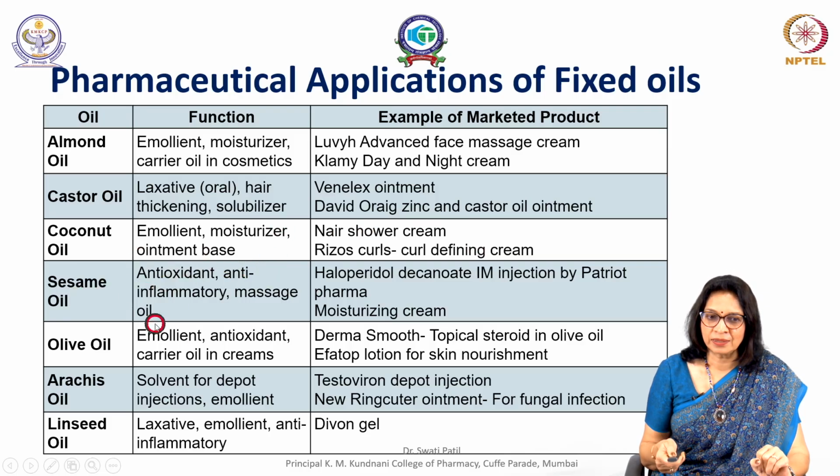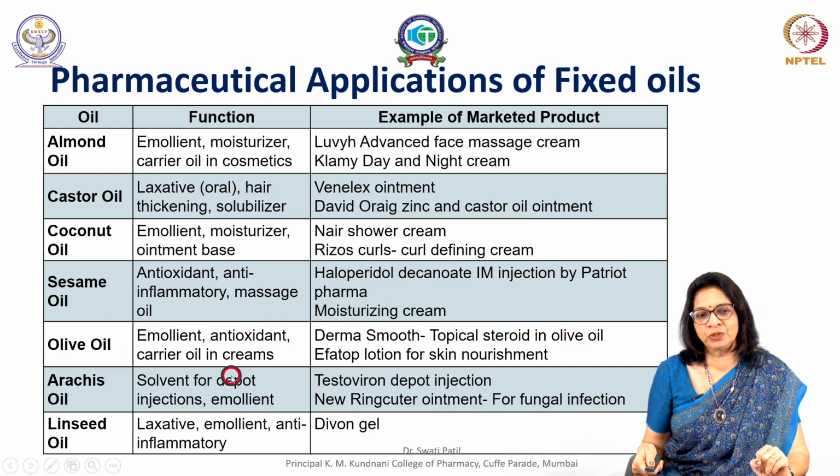So looking at these functions, we can choose an oil as a raw material or as a therapeutic agent when we want different uses in pharmaceutical dosage forms. Olive oil is used as emollient, antioxidant and can be used for different kinds of pharmaceutical preparations like skin nourishment, lotions, creams or topical preparations.